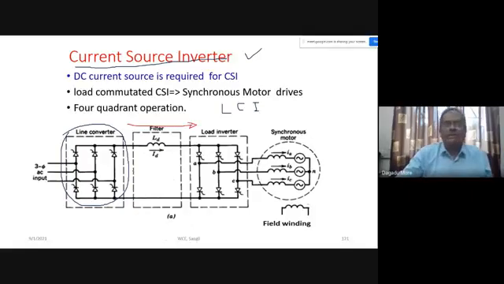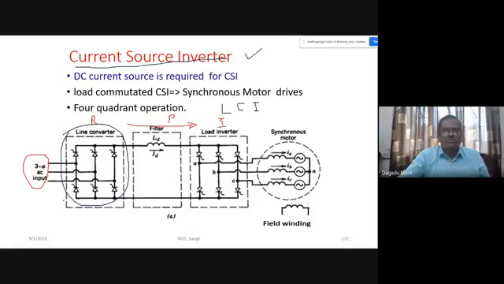Let us assume that this is our power flow, the direction in which power is flowing from supply to the motor. Now this 6 pulse converter will work as a rectifier, I will write it as R. This will work as a rectifier, whereas this will work as an inverter.